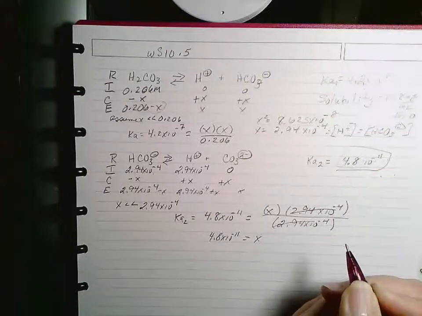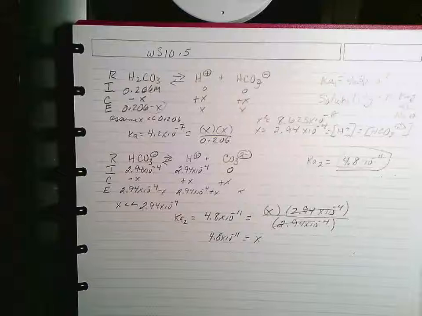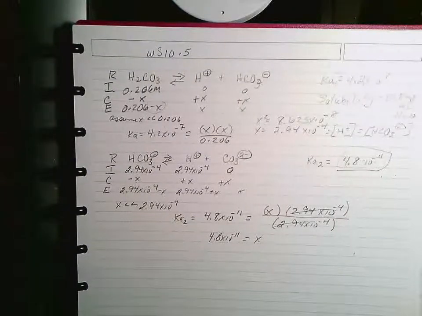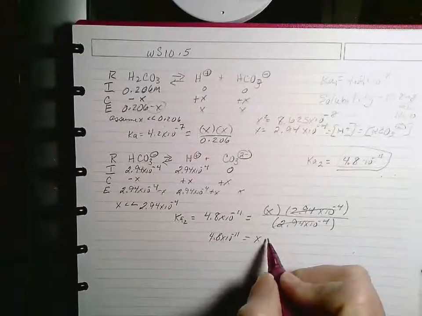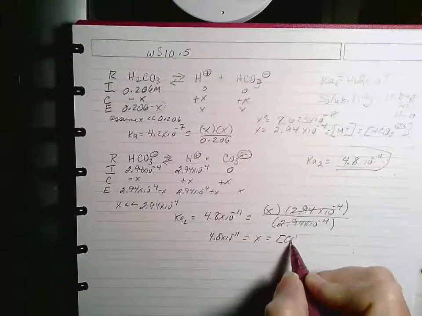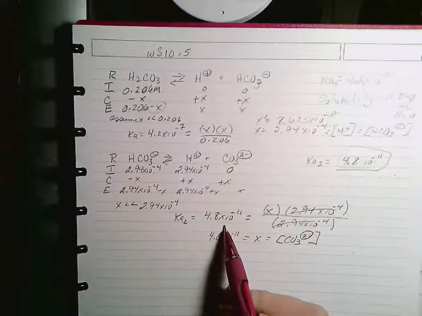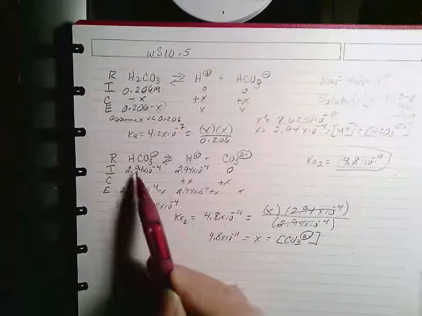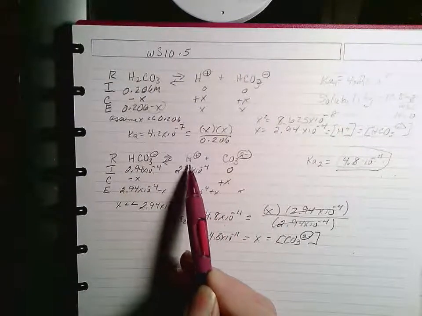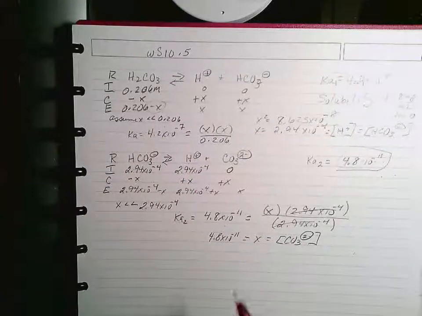So if we go back and look at the questions in 10.5, it says to calculate the equilibrium concentrations for all the species, and what will be the pH of the solution. So now I know that this is going to equal the concentration of CO3 2-. If I were to add or subtract this to the hydrogen carbonate or the hydrogen ion concentration, I won't change that.